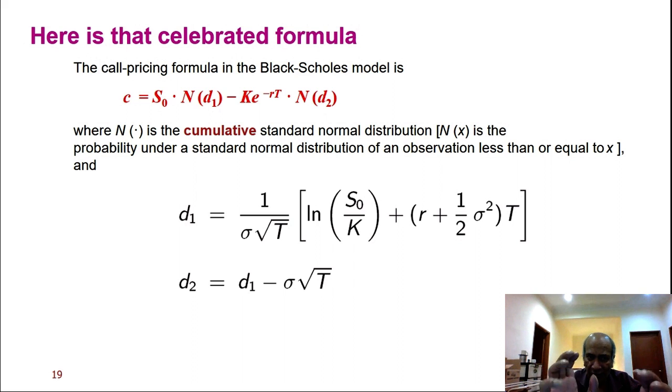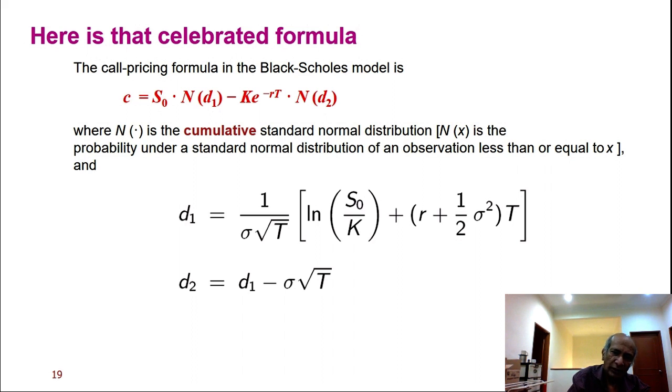You have got two things which you have to calculate first before you can plug them into this equation. Here N is the cumulative standard normal distribution, and N(x) is the probability under the standard normal distribution of the observed value being less than or equal to x.